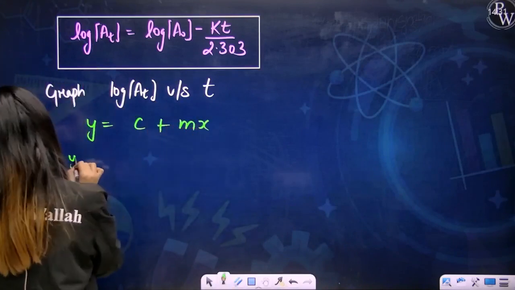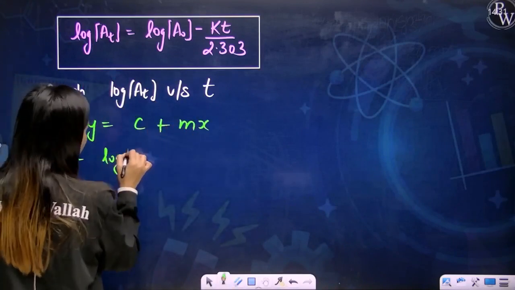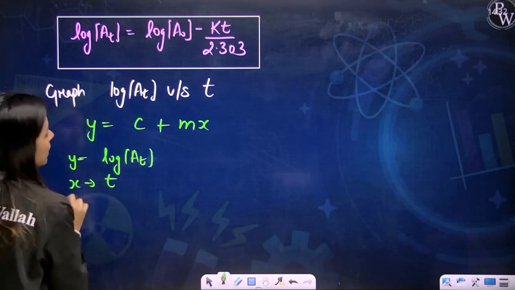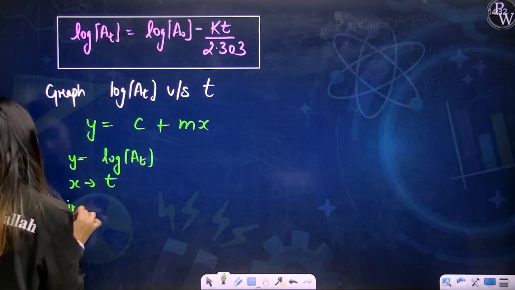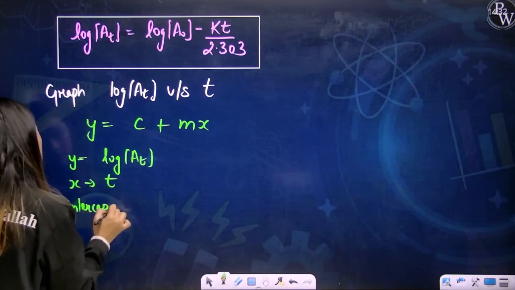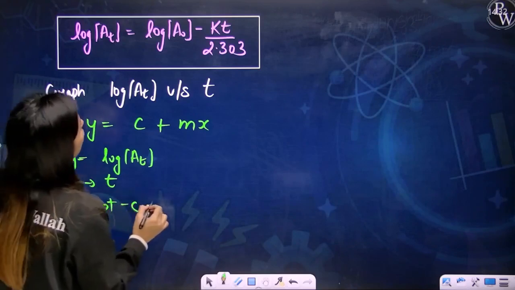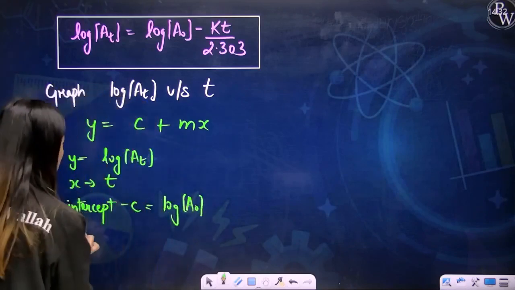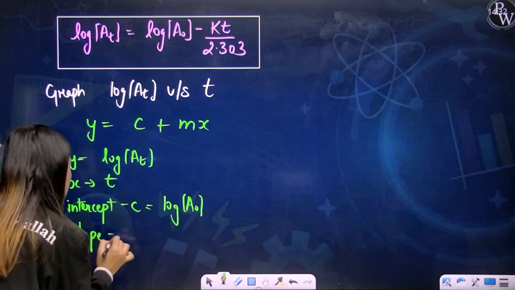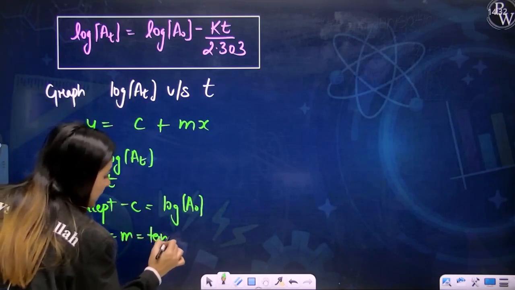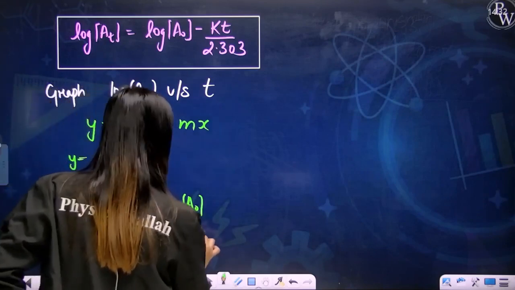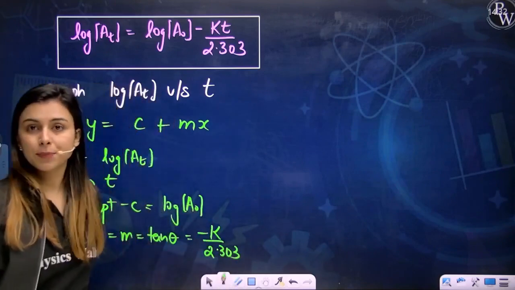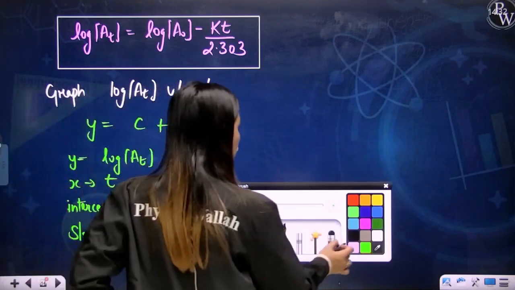Can I say that your y-axis is log of AT, your x-axis is time, and your intercept, which is C, is equal to log A naught, and your slope, which is equal to m, which is given by tan theta, is actually equal to minus k upon 2.303, right? Yes.